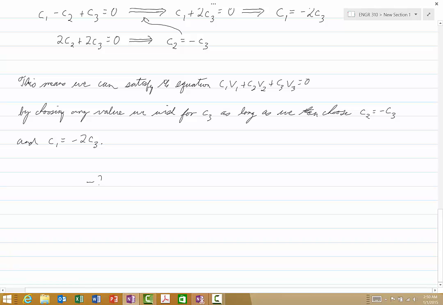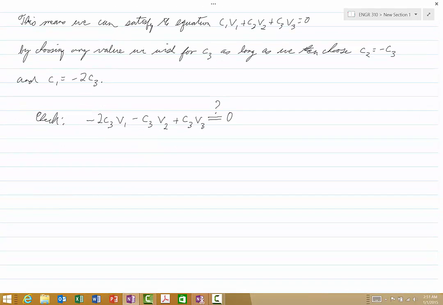So we would have negative 2C3 times V1 minus C3 times V2 plus C3 V3, and I'll put equals with a question mark to see if that really is equal to 0 for all choices of C3. That's what I'm claiming. So let's see if that's true.